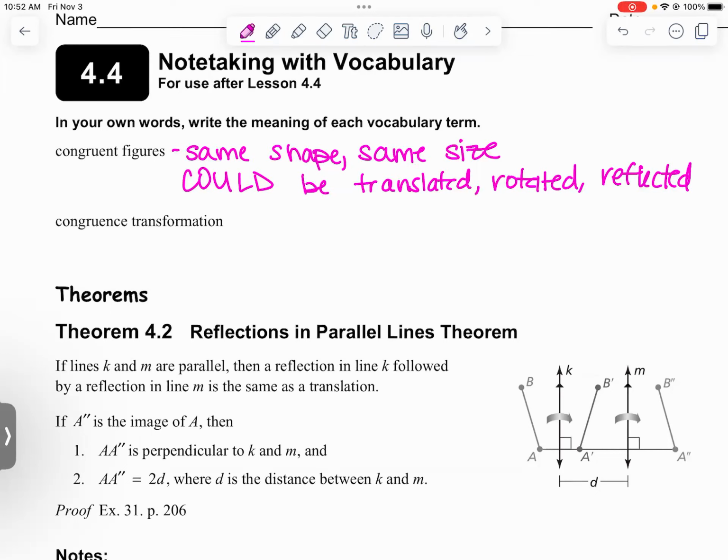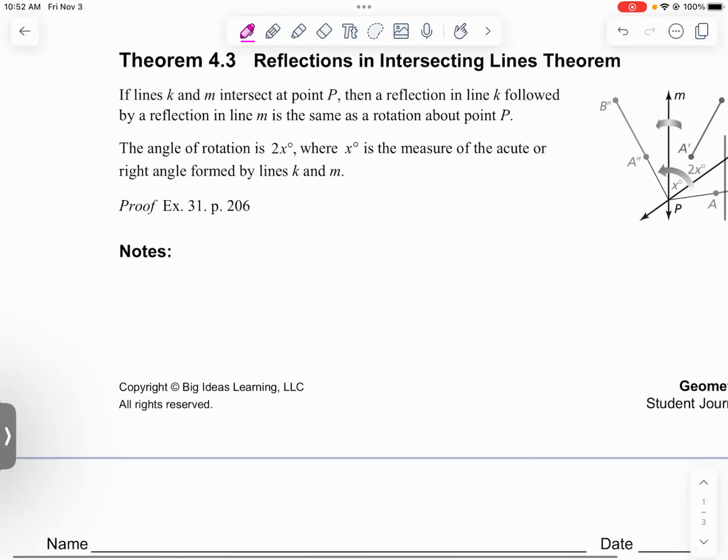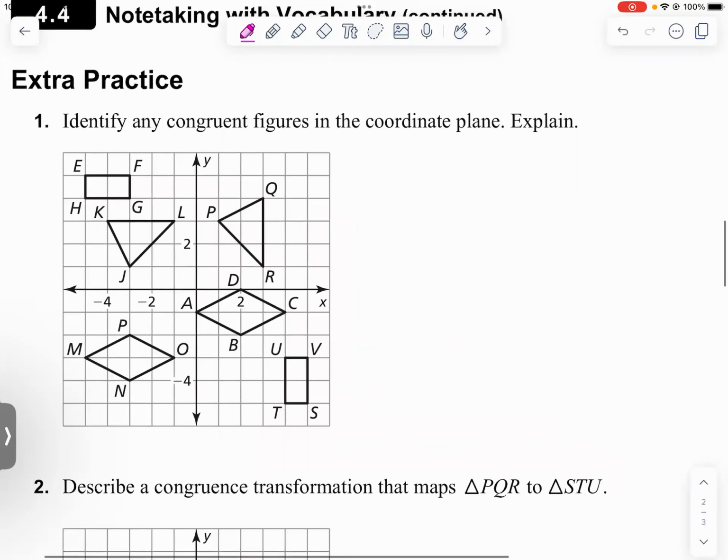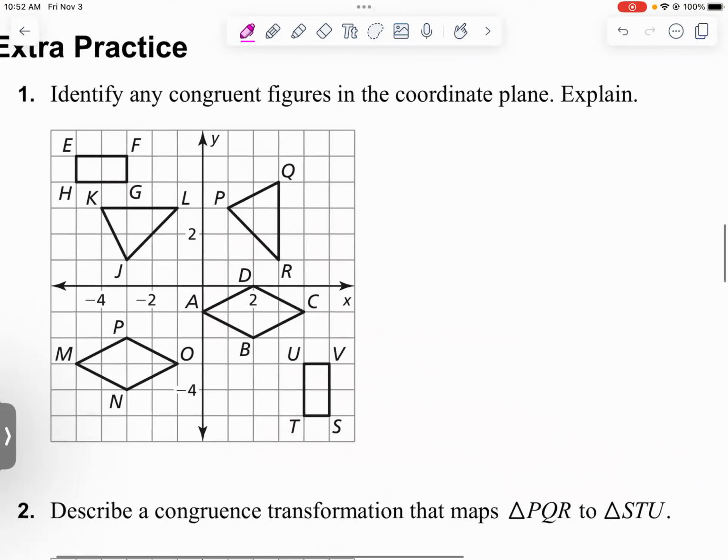Okay, so we're going to work on a couple things. We're going to kind of flip back and forth. What I want you to do is go to page 110 and decide in number 1 which of these shapes are congruent to each other.